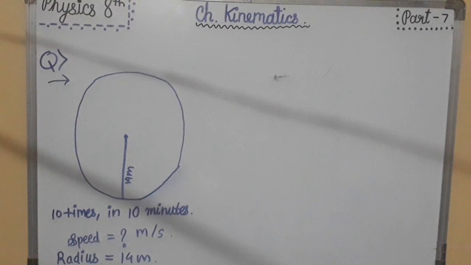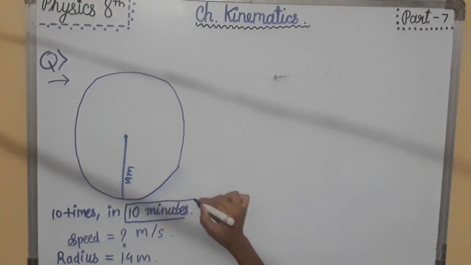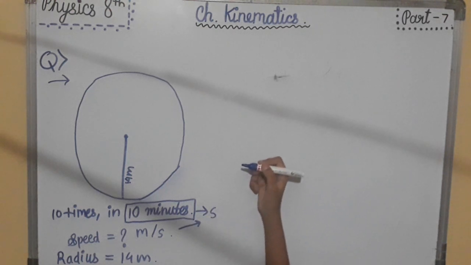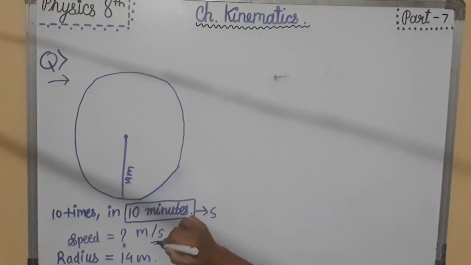So the formula will be, first before taking the formula, we can convert 10 minutes into seconds because we need speed in meter per second. First we will convert minutes into second for this unit.